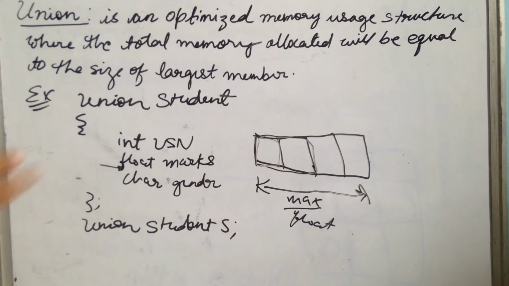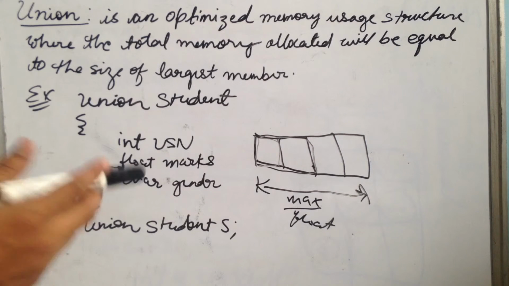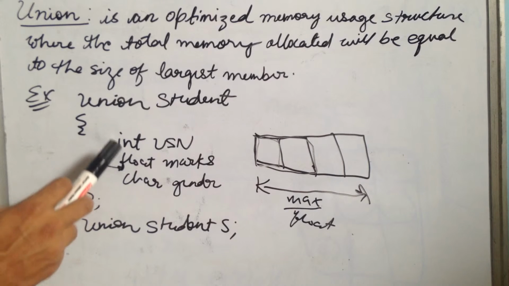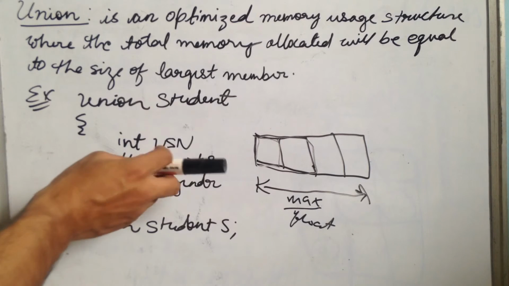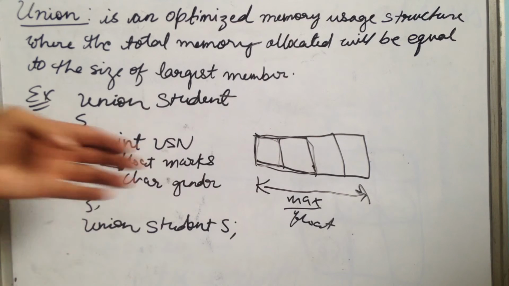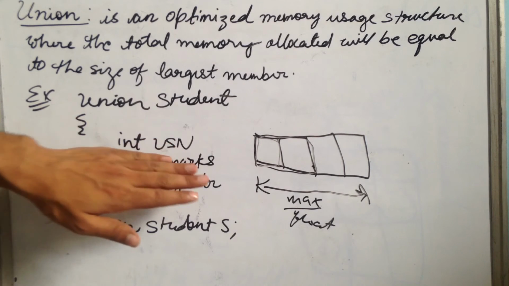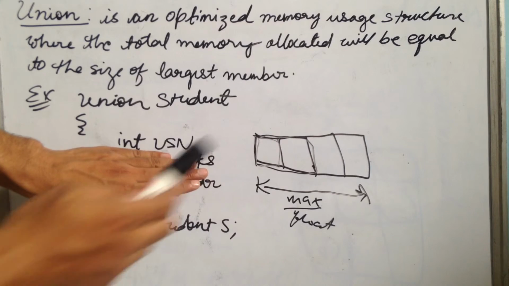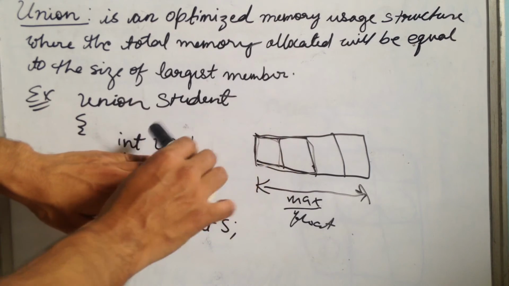So I think this is clear that the memory we are allocating depends on the maximum size of any member. Suppose there is only an integer USN, then the number of bytes will be 2, so we are going to use only 2 bytes.